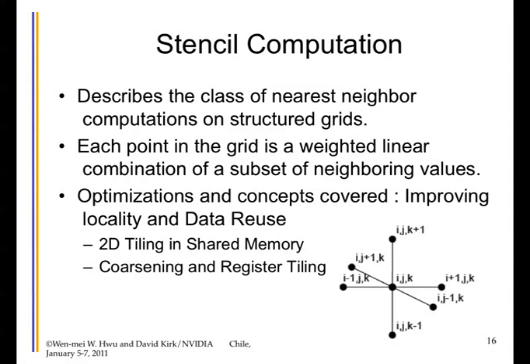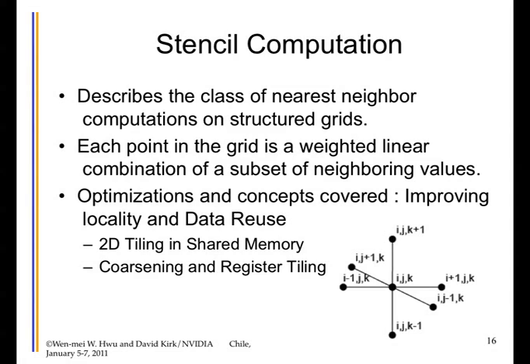And I think both keynote speakers used stencil calculation in their talk. Each point of the grid is a weighted linear combination of a subset of the neighbor values. So in the 7-point stencil, you will be having a linear combination of your 6 neighbors and yourself for the next one.